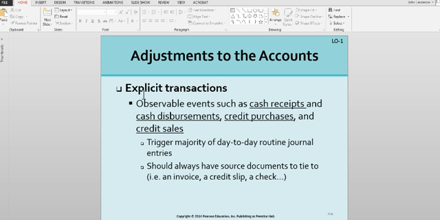There are two main types of transactions that exist in the world of accounting: explicit transactions and implicit transactions. Explicit transactions are just as you see on the page. There are observable events which help to show that the event happened. You received cash, i.e. a cash receipt.